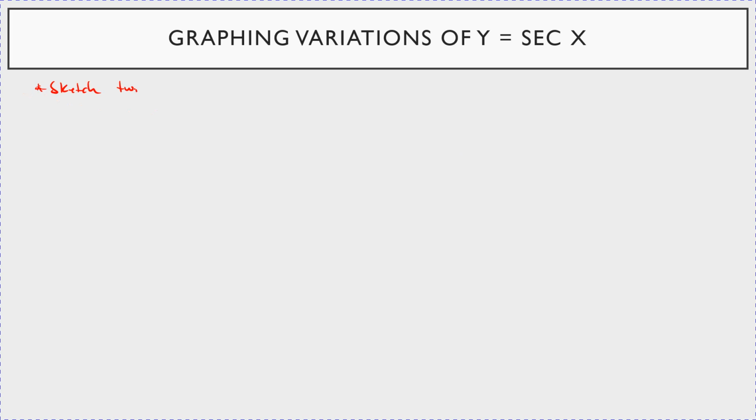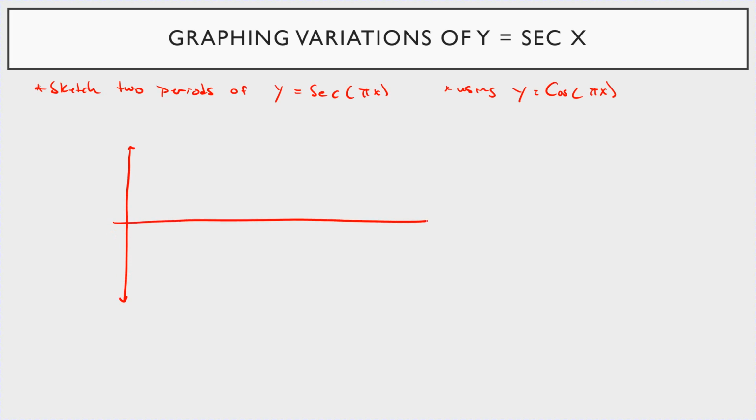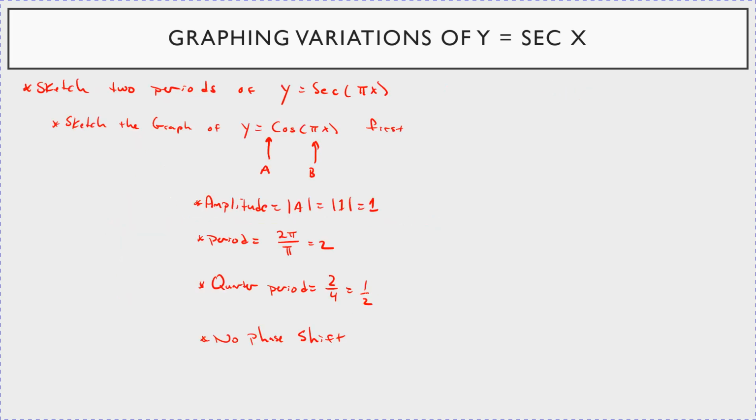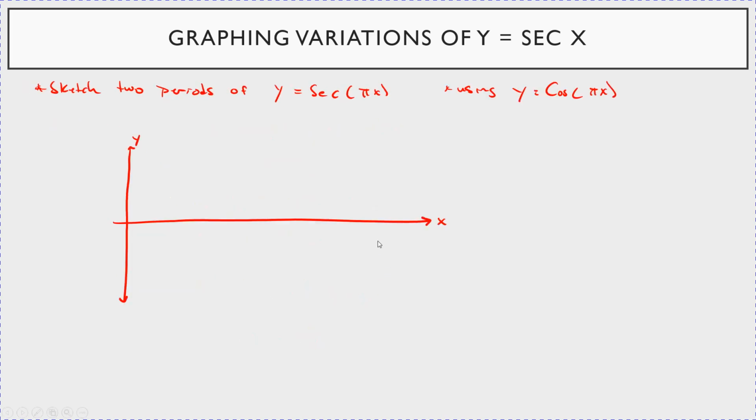All right, so sketch 2 periods of y is equal to secant of pi x. Okay, and we're going to do it using y is equal to cosine of pi x. All right, so start at 0, and then the quarter periods were 1/2. All right, and you need to get 2 periods in.